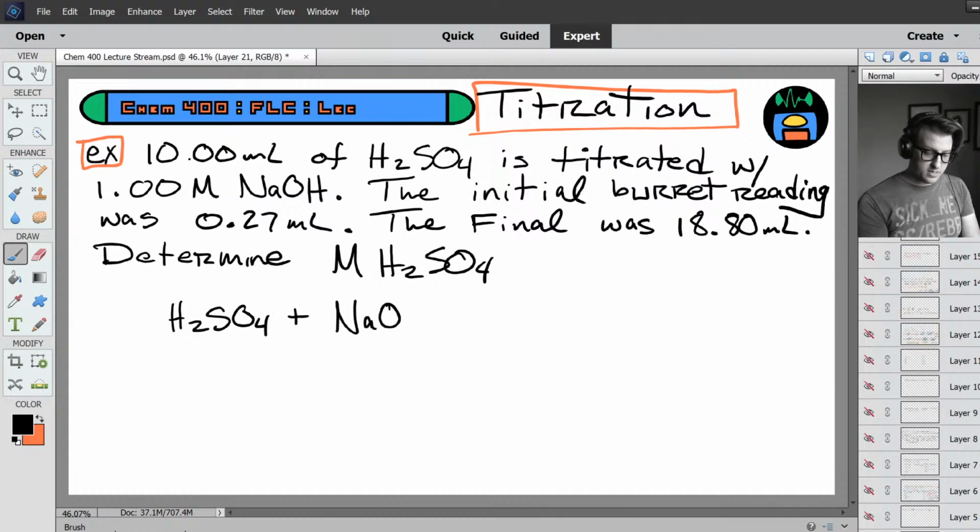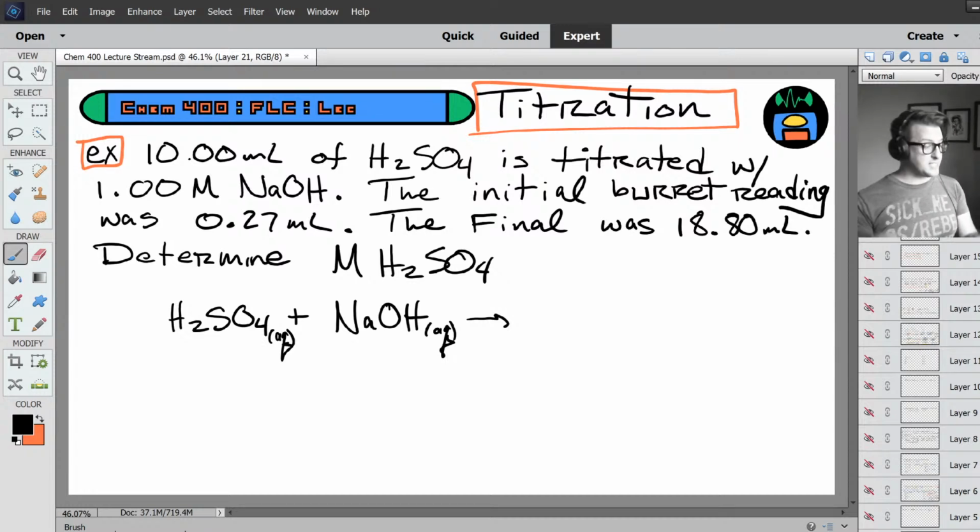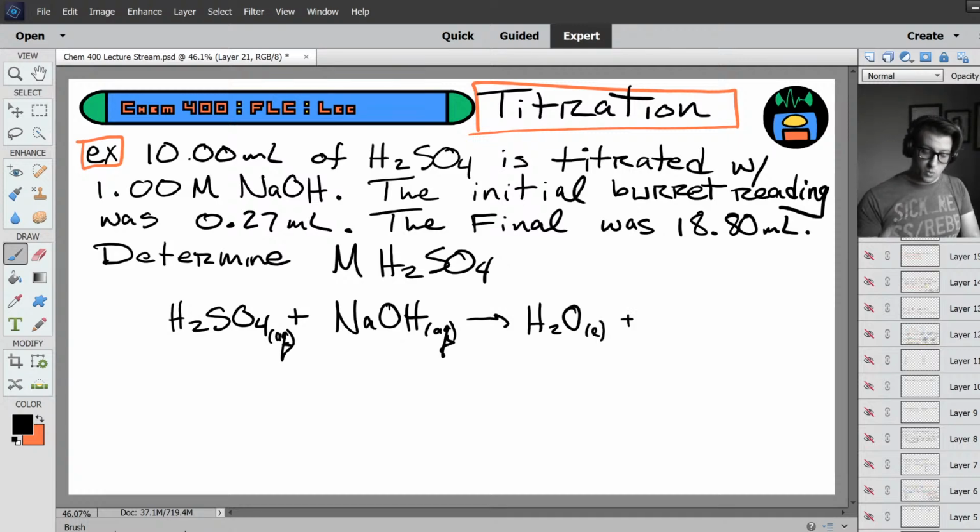Now, you may be caught for a minute and go, wait a minute, what are our products? Josh, you didn't tell us our products. And the cool thing is they don't have to, because we have an acid reacting with a metal hydroxide base. That is a neutralization reaction. Every neutralization reaction produces water and a salt. What is that salt, you might ask?